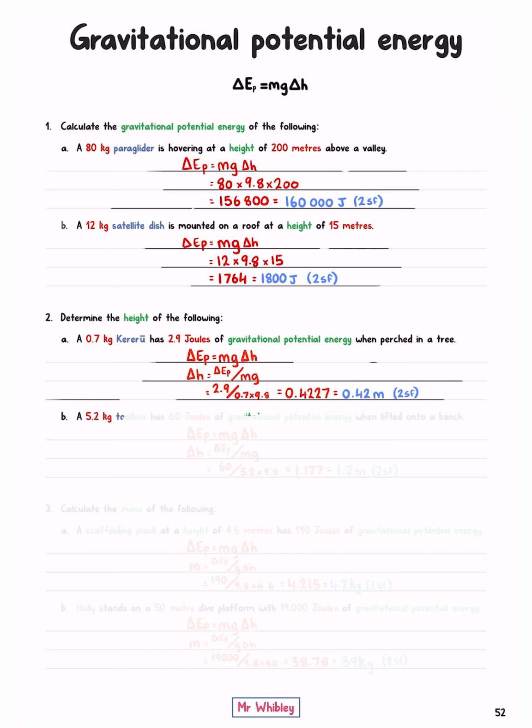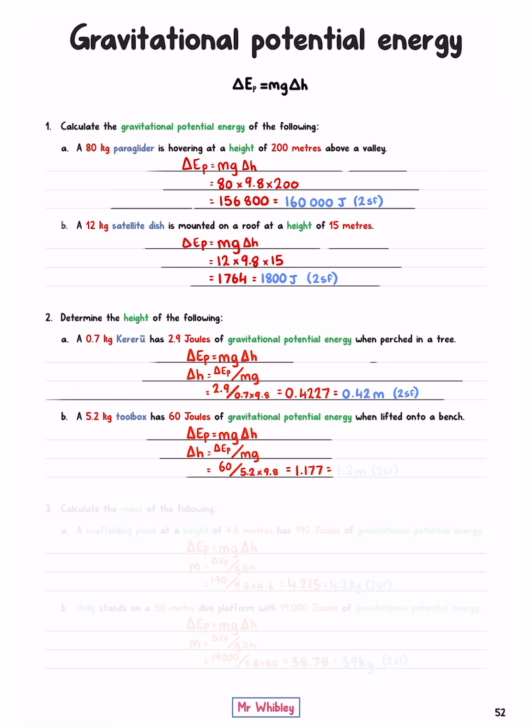A 5.2 kilogram toolbox has 60 joules of gravitational potential energy when lifted onto a bench. Once again, starting with our gravitational potential energy equation, solving for height by dividing both sides by mg, and putting our numbers in, gives me 1.177 or 1.2 meters to two significant figures.